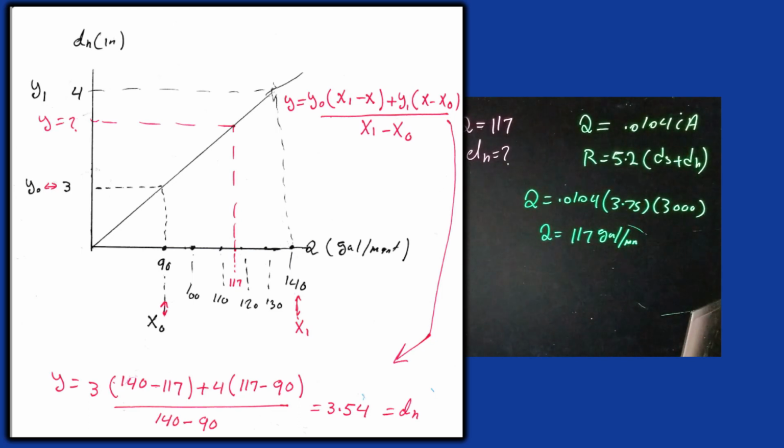So y equals the 3-inch times (140 minus 117), plus the 4-inch times (117 minus 90), divided by the difference between the two, 140 minus 90, and I got 3.54 inches.